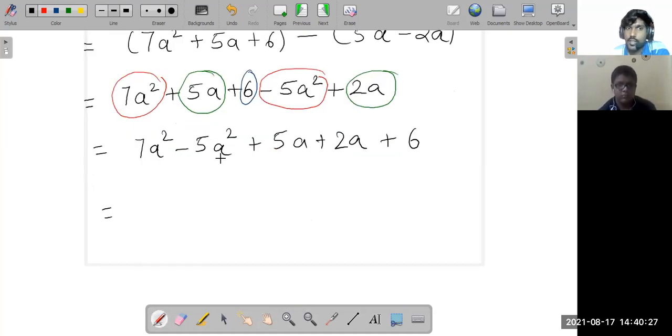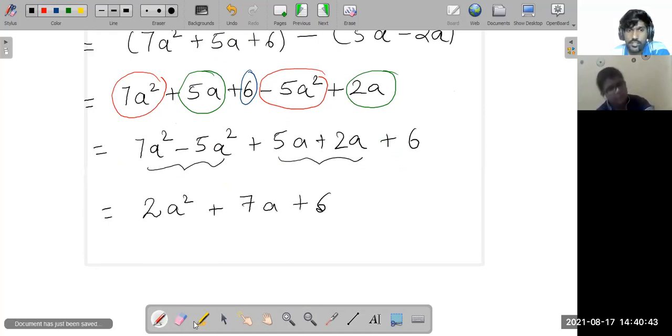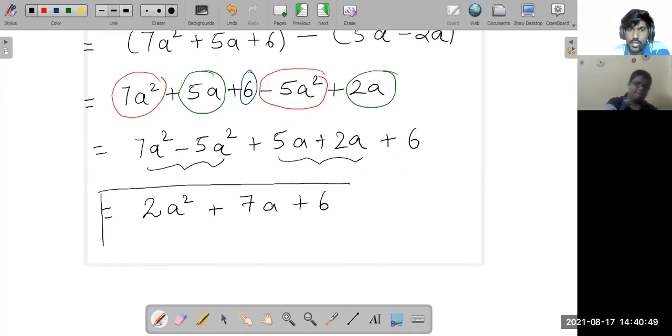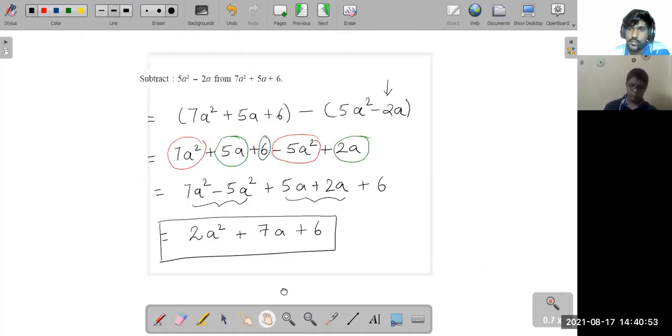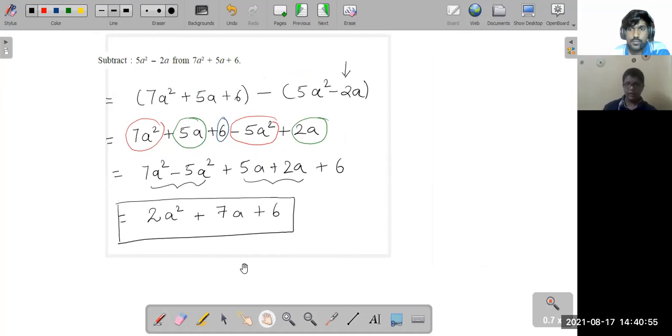So 7a square minus 5a square will be 2a square, plus 5a plus 2a will give you 7a. And lastly, you write plus 6 as it is. So this is your answer. Did you understand this? Write it down.